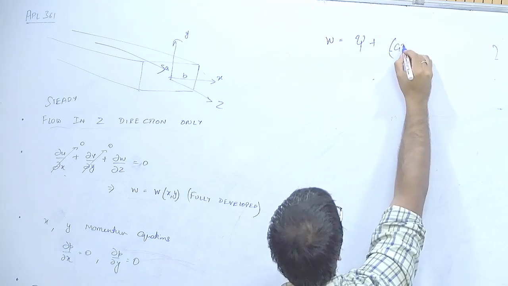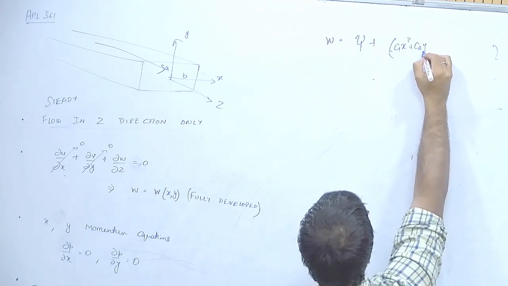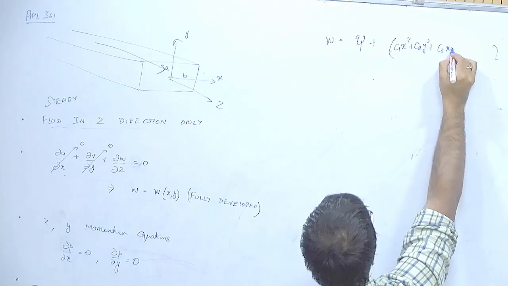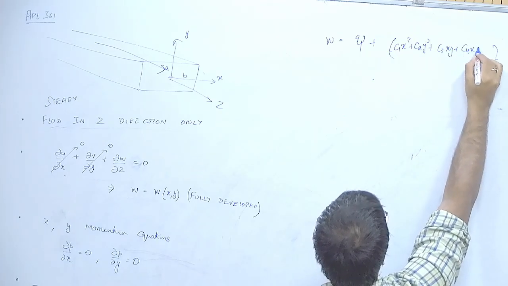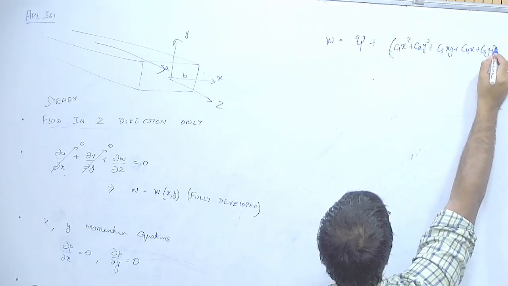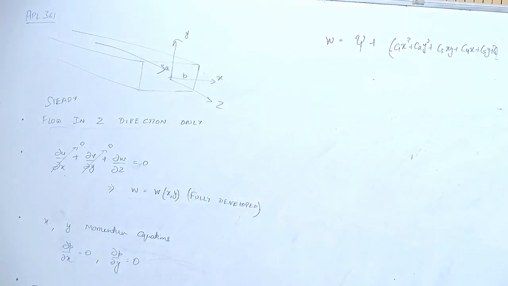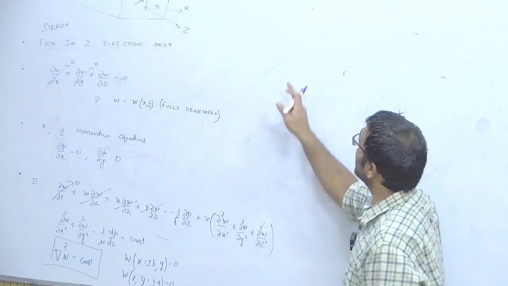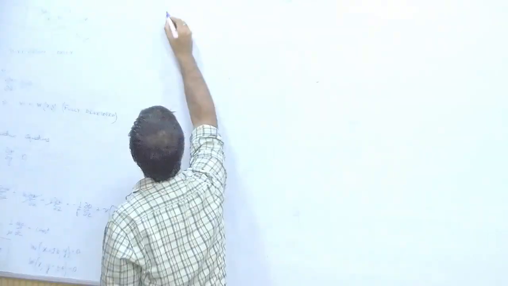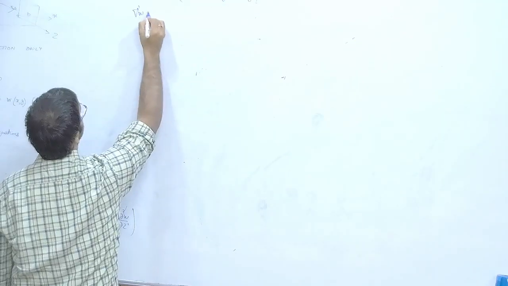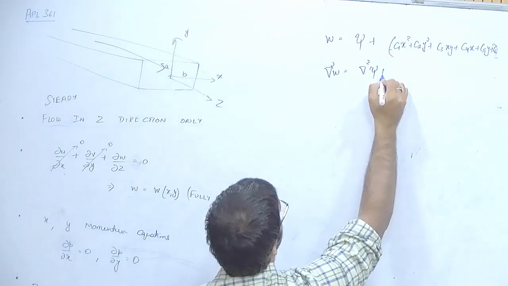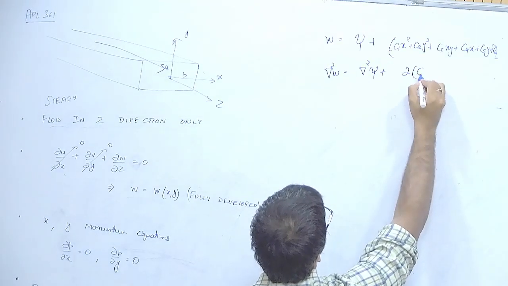So, C1 x square plus C2 y square plus C3 x y plus C4 x plus C5 y plus C6, something like this, and this function has a constant Laplacian. So, we wanted to add this function here, and then we wanted to say that del square W is del square psi plus 2 times C1 plus C2.